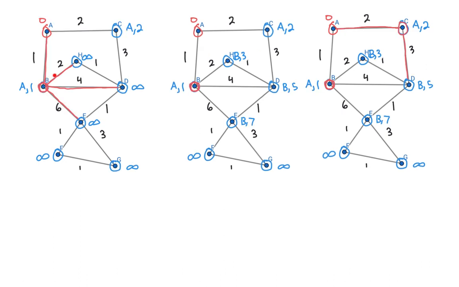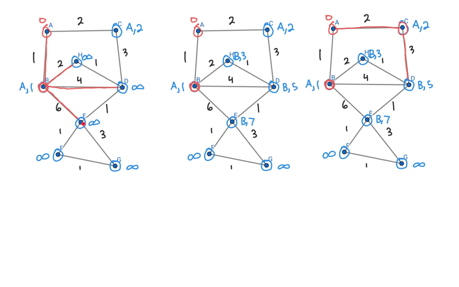So again, we're looking at each of its edges one at a time. And we see this vertex. We have the feature that 1 plus 2 is less than infinity, so we replace that number with 3. And then we also update the other function to say that our shortest path from A to H goes through B. Then the edge 1 plus 4 is 5, which is less than infinity, so we also update that and replace it with 5.